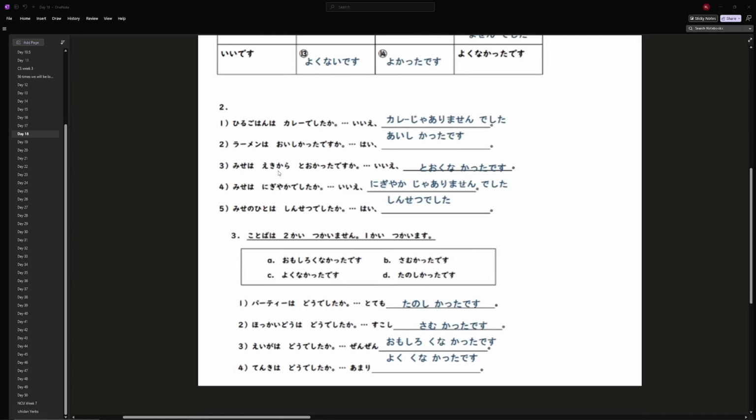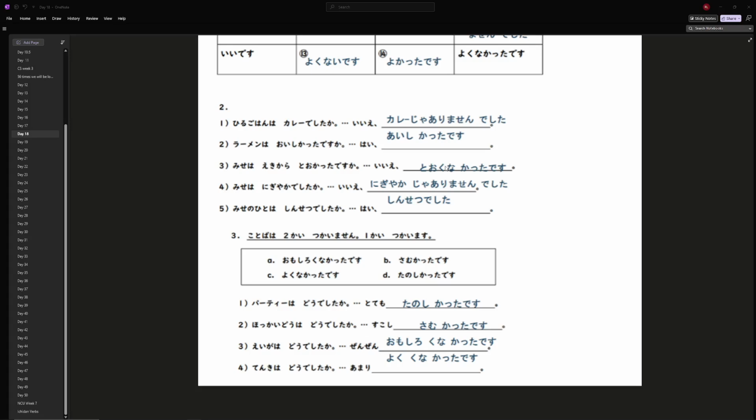Mise wa eki kara toi desu ka? Oh, okay. Yeah. We're doing like kara made. Mise wa eki kara tookatta desu ka? Ie. I'm second guessing these now. Tookunakatta desu. Yeah. Tookunakatta desu.